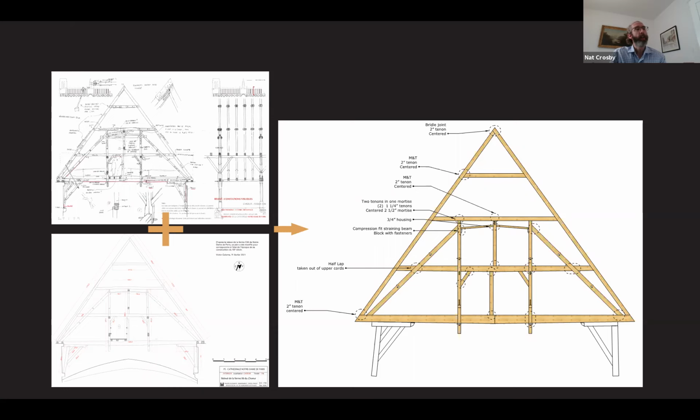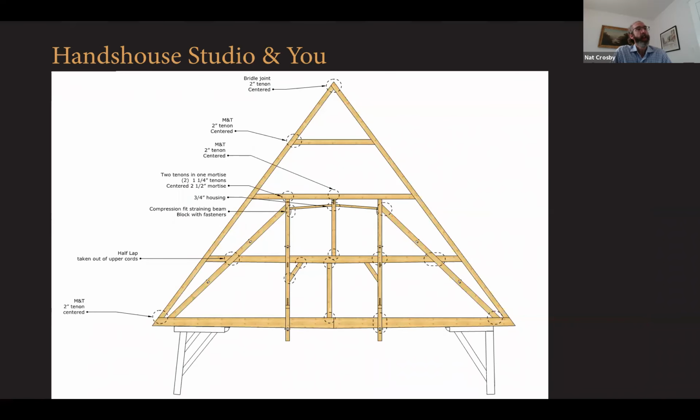You can have drawings that look for documentation, but there's also a lot more that goes into a set of drawings in order to convey information of how to make something to someone else, or even to your future self. And so we look forward to that development and helping to inform that information with the model making process. And that's where we are.